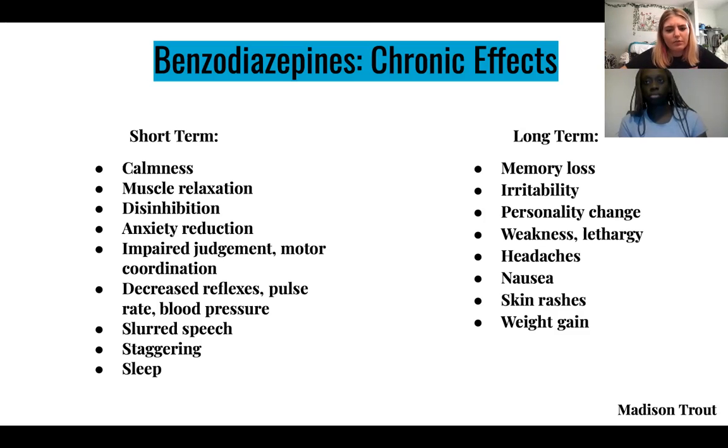Some of the few negative ones you can see are slurred speech and impaired judgment. But when you move over to the long-term effects, that shows the more negative outcome. It can lead to weight gain, and ultimately personality change and memory loss. So in the moment, people are not worried about the negative effects because that's not what happens right away.